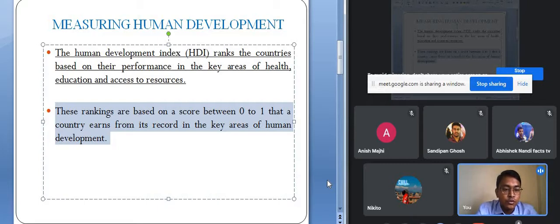So the overall score is 1. A country which gets a score very close to 1 will be placed at the higher ranks, and the countries which are close to 0 will be placed at the lower ranks. So depending upon the score gained by a particular country in these three areas, that is health, education, and access to resources, a country is provided with different ranks.